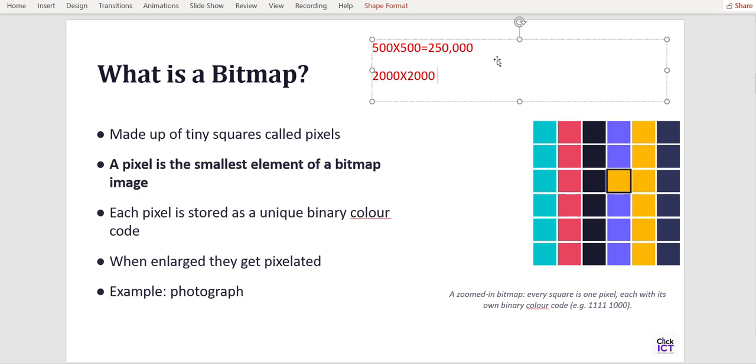So a smaller amount of pixels is covering a bigger area. So the image will become pixelated because there is no production of new pixels.